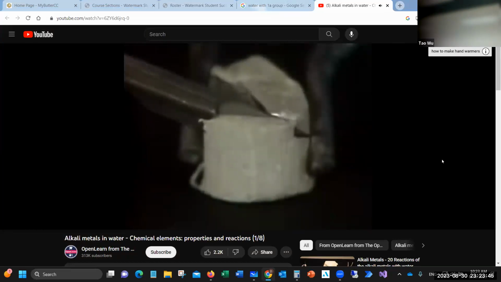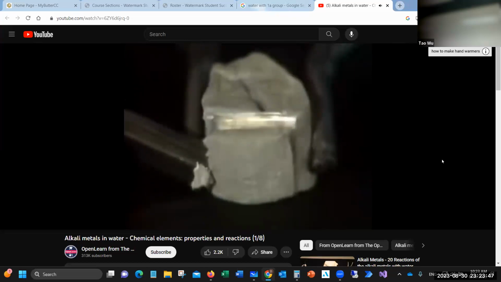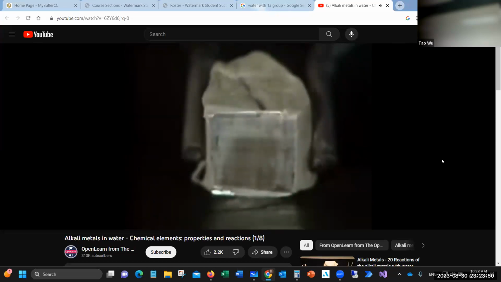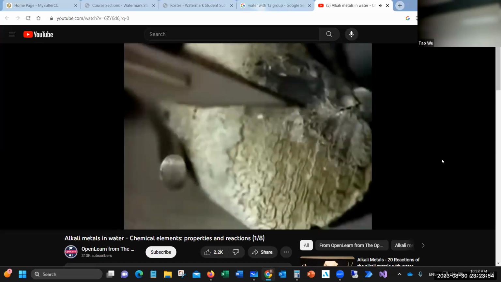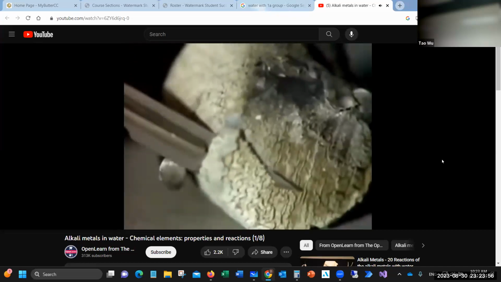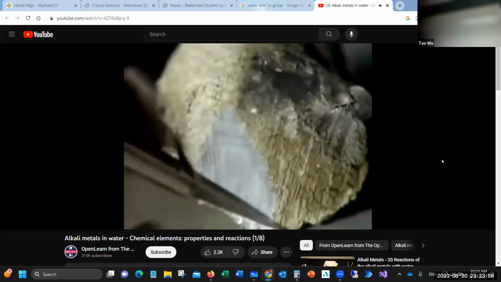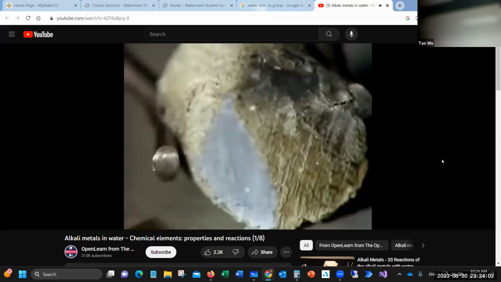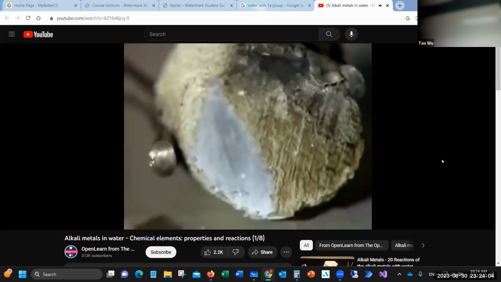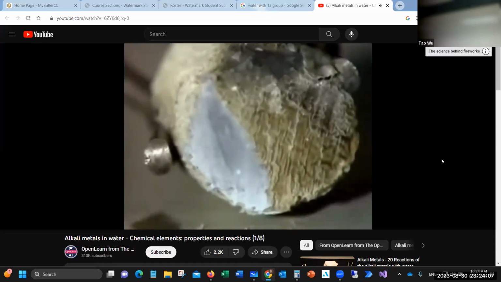Again, when we cut it, the metal surface can be seen, but this time corrosion occurs even more quickly. With the next alkali metal, potassium, the corrosion in air is so quick that it's hard to see the metallic luster at all. As we go down the group, the elements seem to react more quickly with air.